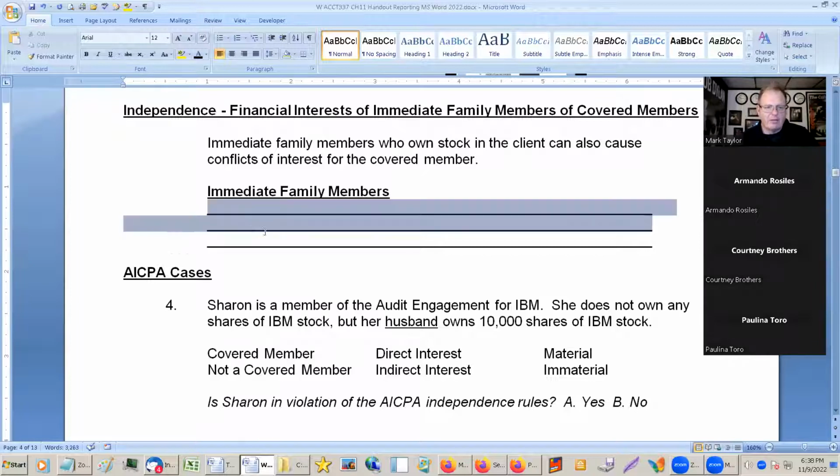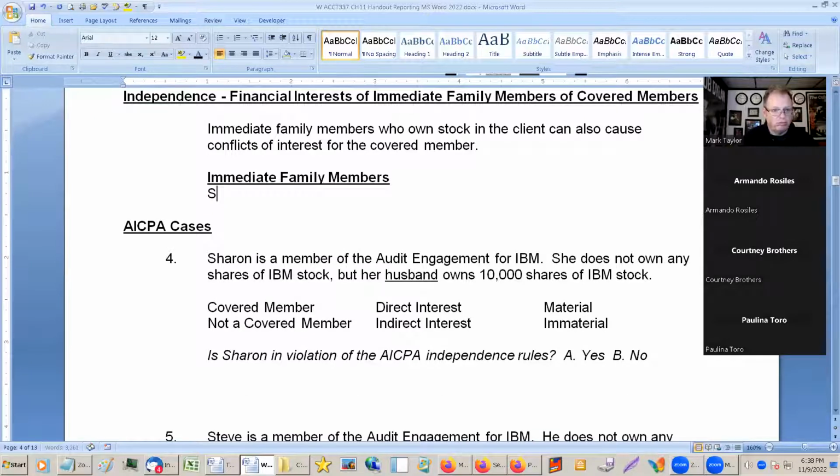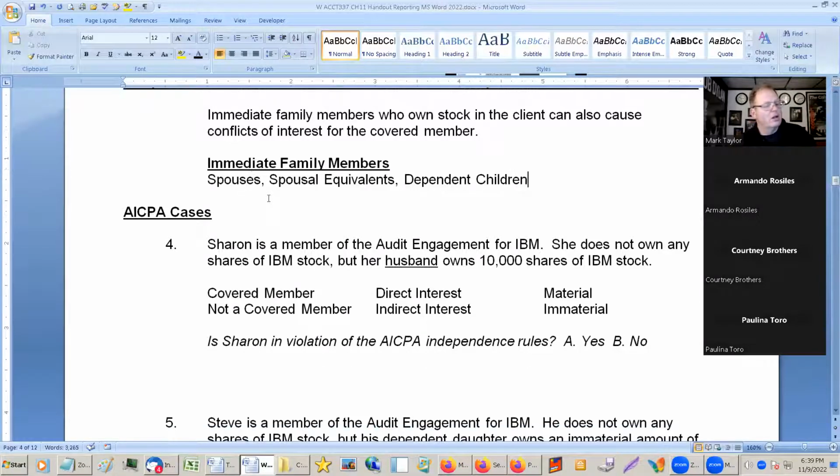Well, immediate family members include spouses, spousal equivalents, and dependent children. So these are all immediate family members.